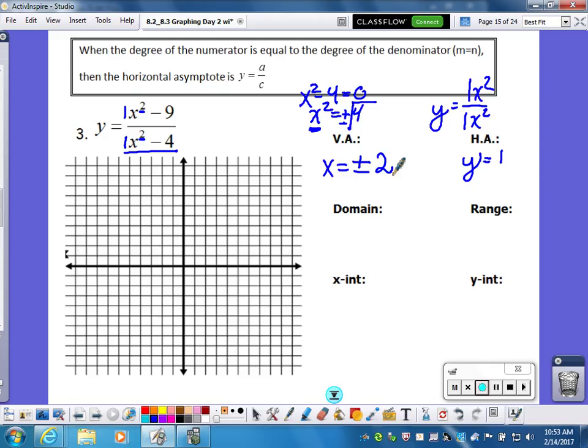That's 2 vertical asymptotes. I'm going to go ahead and sketch my asymptotes in. So I have 1 at -2. That's a vertical. I have 1 at 2. And then I have 1 at y equals 1. So you definitely need to sketch in your asymptotes.